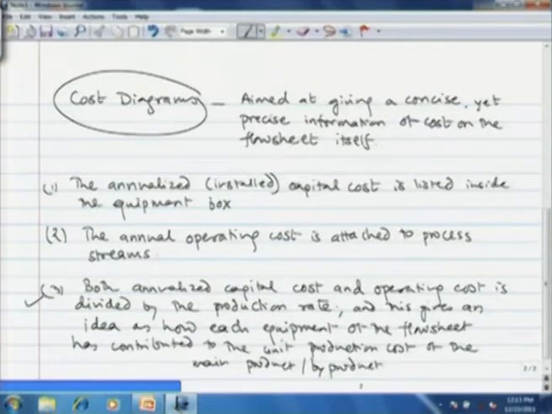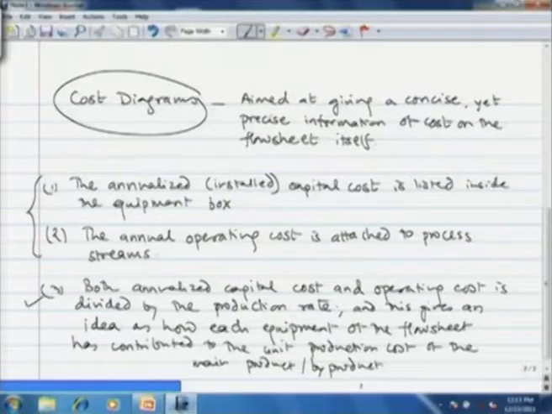This is also a method used sometimes. We shall basically see the first two methods for establishing a cost diagram.